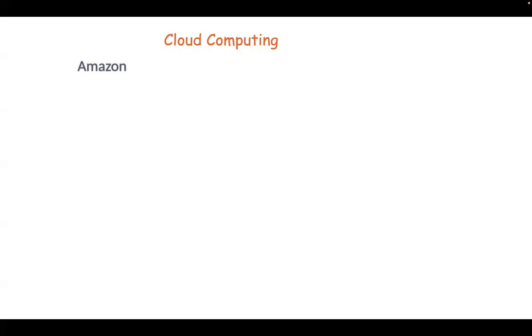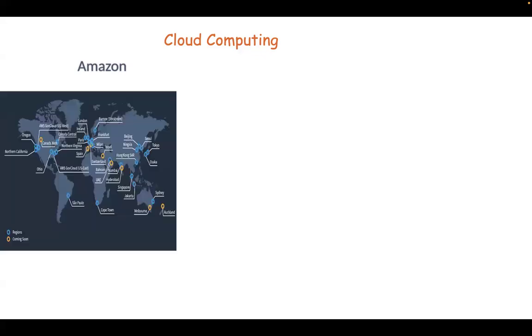Why? Because Amazon is providing resources. We are providing services like database service, storage service, servers, virtual servers, whatever you want, we will provide you all the services, because Amazon has data centers in different parts of the world, in Australia, India, Africa, Netherlands, UK, Germany, in almost 39 regions.